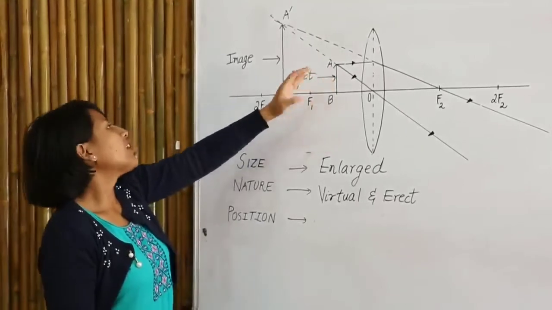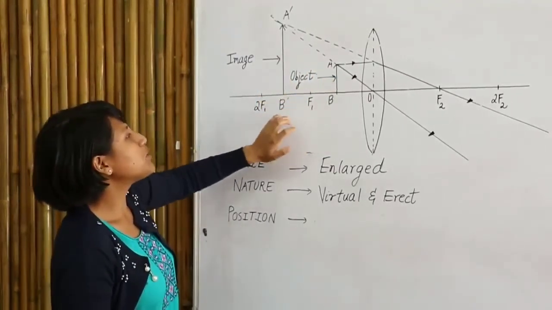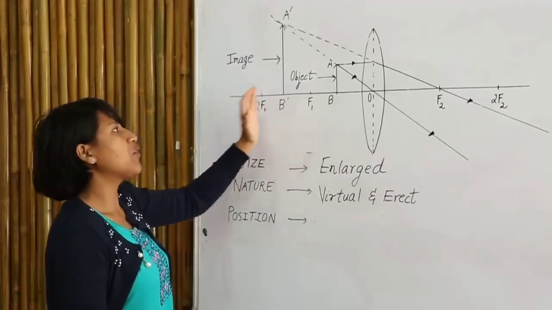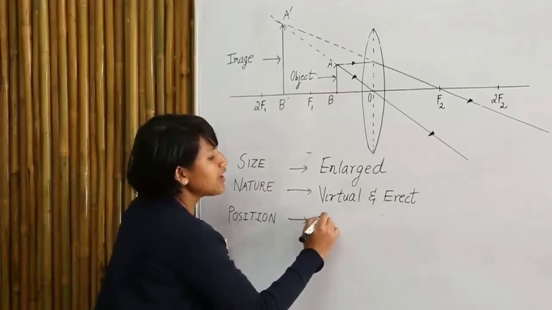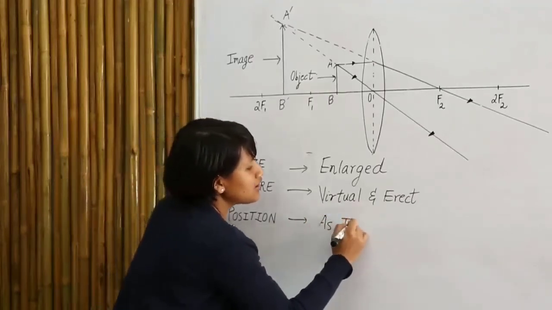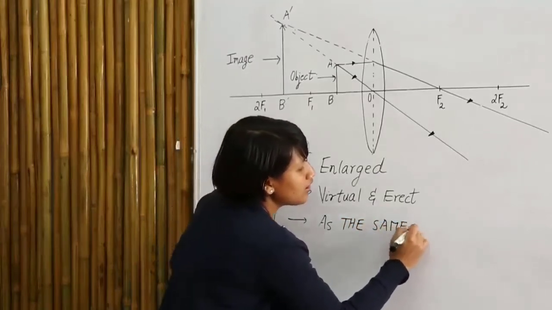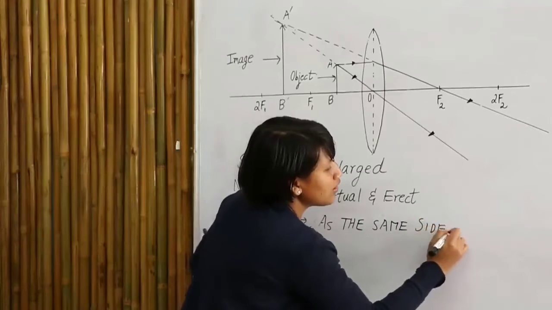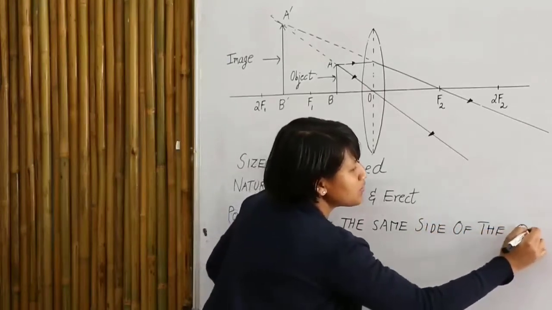There are cases where it will not necessarily be between these points; it might be here or here, but it will be on the same side as the object.